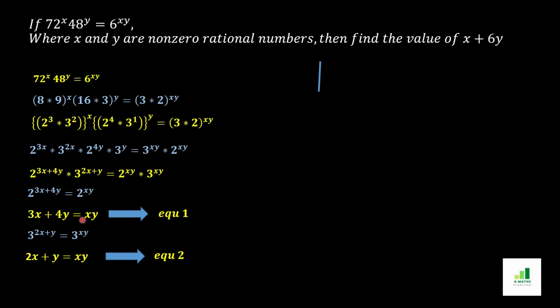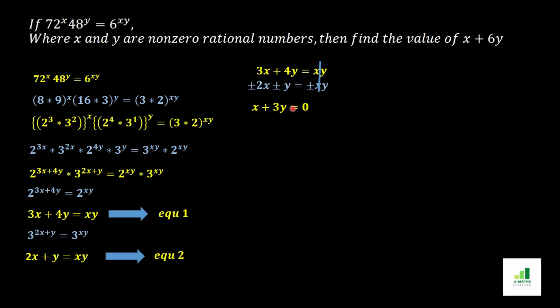After subtracting, the xy and xy will cancel out, and we will get the final result as x plus 3y equals 0, because when 2x is subtracted from 3x, we get x as a positive value, and when y is subtracted from 4y, we get plus 3y, and after subtracting both values, 0 will be the remainder.